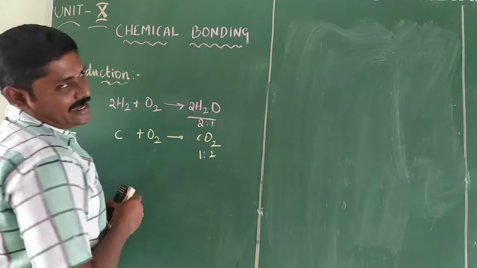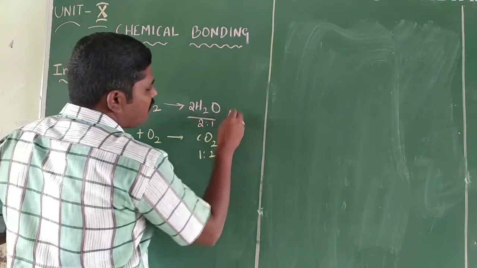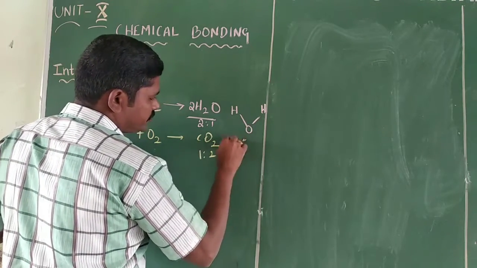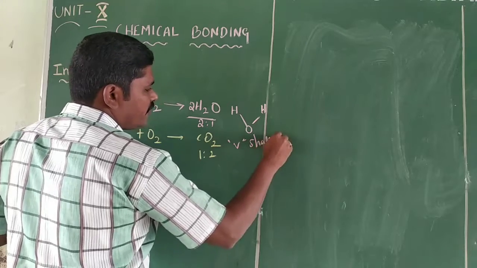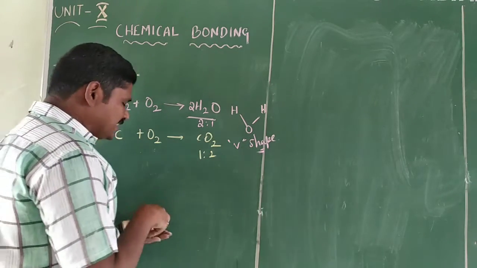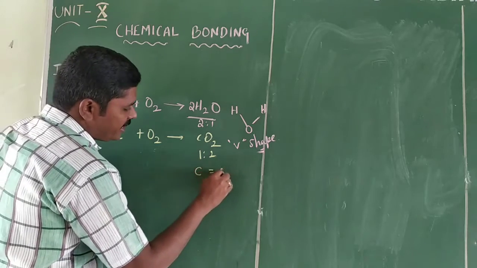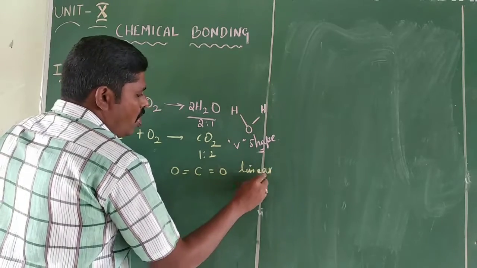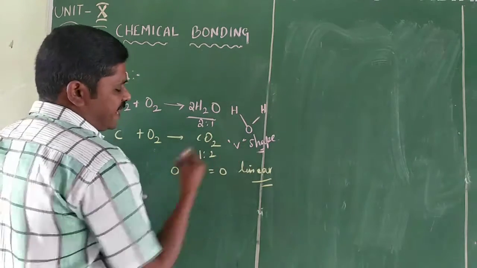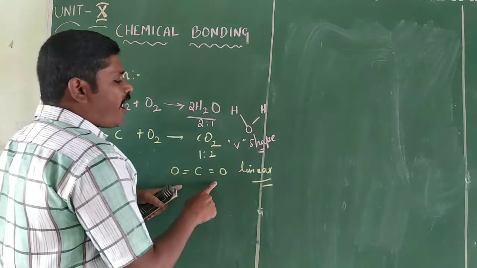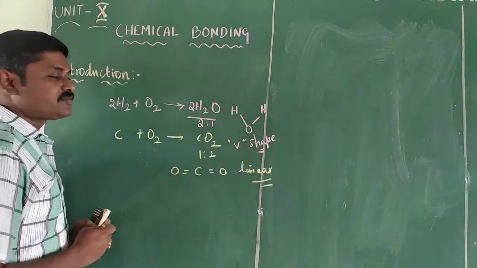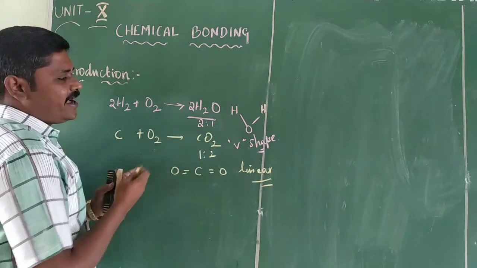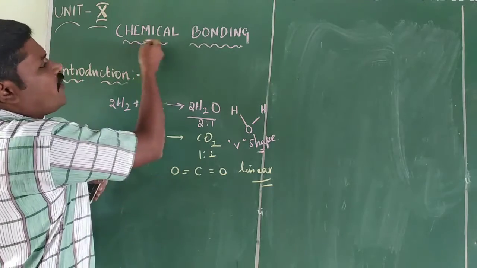The structure of water is V-shaped, but the structure of carbon dioxide is linear. Such questions we can answer using the principles of chemical bonding.